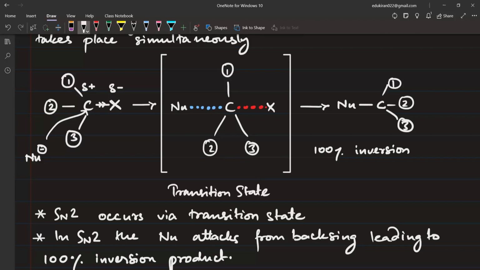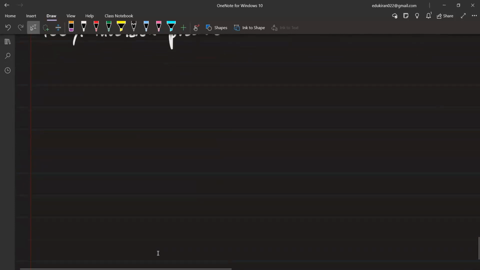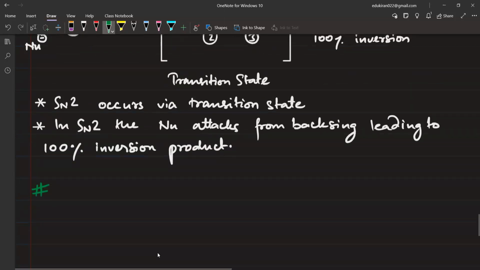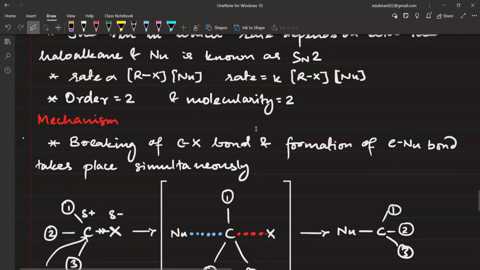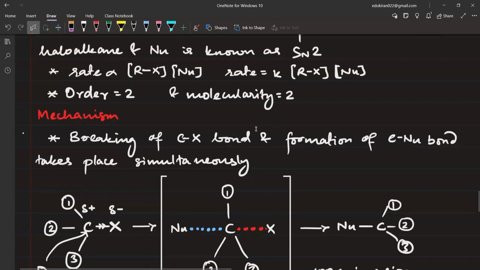All of you got this? Yes or no, please tell me. Yes, sir. Okay. Now, after this, in the next class, that is tomorrow, we are going to learn about the factors affecting SN1 and SN2. Sir, can you scroll up? How much up? A little bit more, sir. Tell me the topic. What are you going to write? Which point? The diagram, sir.